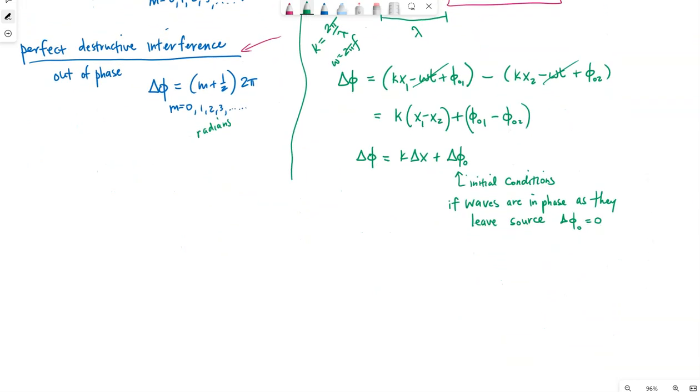Delta x ends up representing the difference in distance. Difference in distance one wave travels compared to the other.